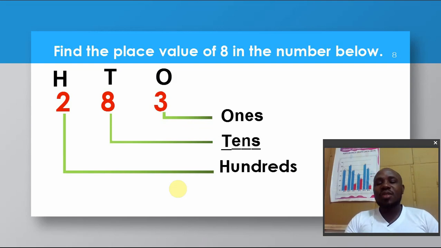their interest is in 8, this 8 here. So we go back to our number and we ask, is this 8? No. Is 8 here? No. Where is 8? Here is 8. So what's the place value of 8? I think the answer is tens.